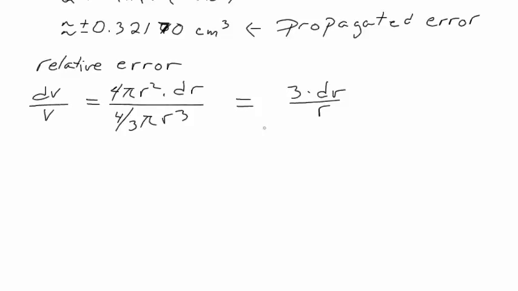Pretty simple. Now we're going to substitute for dr and r. So I'm going to put an approximation symbol now, and we do the substitution. We've already calculated what the dr is. Well, actually that was given to us, wasn't it? That was plus or minus 0.01.